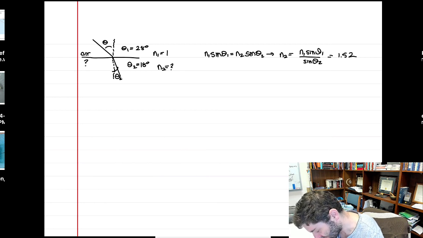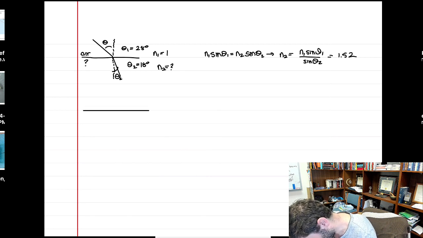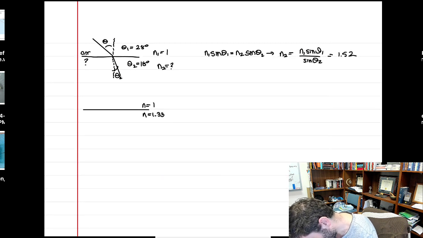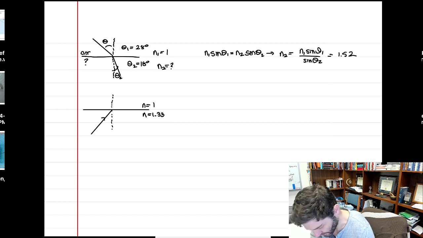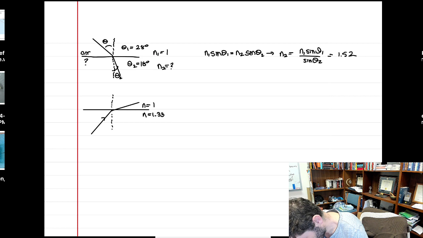Now, the last thing I'll point out, what if I'm going the other way? What if I say I'm going from water to air, and I have a beam that is, let's see, maybe it's coming in at some angle. The previous example showed that it should bend away from the normal, so it should bend something more like this.